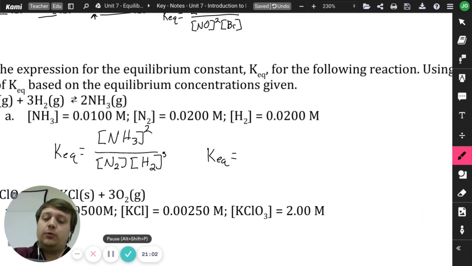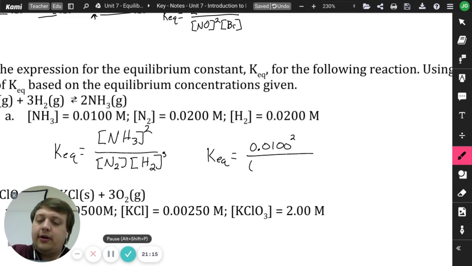So for my KEQ, for NH3, I found that I have 0.0100 molarity, and it is going to be to the second power. I'm going to divide that by the concentration of N2, which was 0.0200, and the concentration of H2, 0.0200 to the third power.